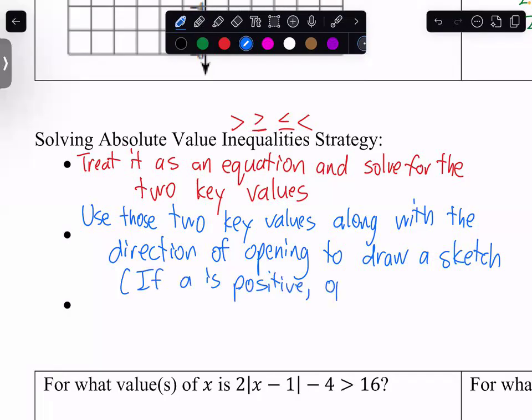The way you know the direction of opening is the same as for quadratics. If A is any positive number, whether it's positive invisible 1, positive 5, positive 0.5, the graph will open upwards. If A is any negative number, then it will be upside down. The graph will be pointing downwards.